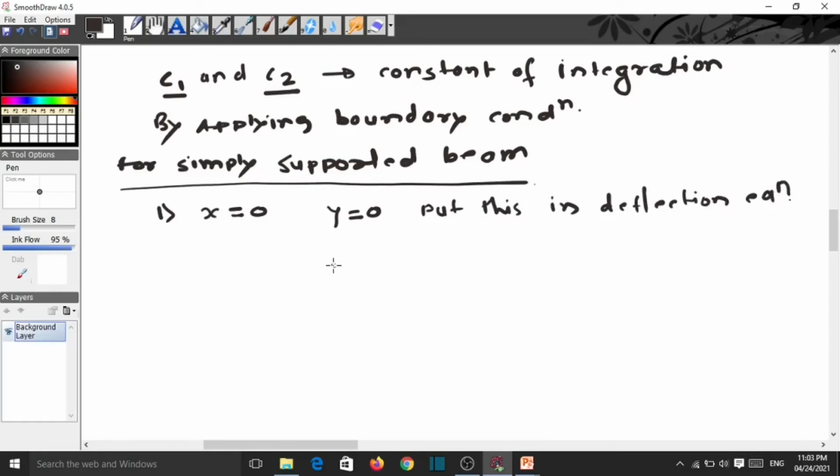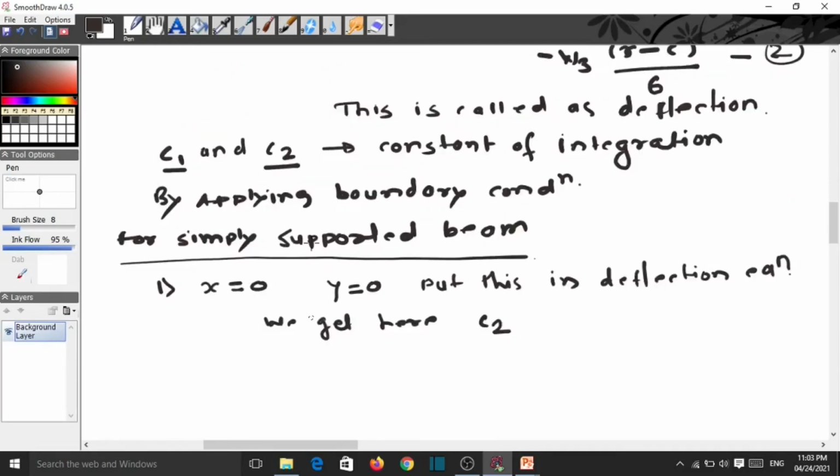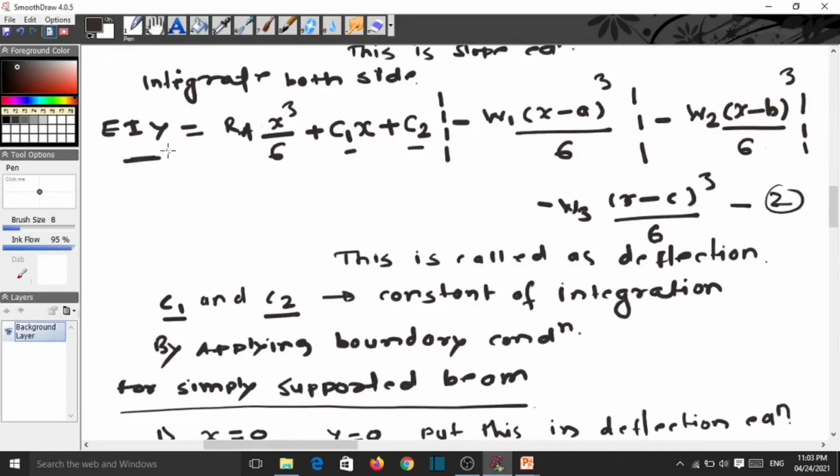So we get the C2, because when you put x equal to 0 we have to use only the first section, because the limit of the first section is x less than or equal to a. So we got the value of C2.